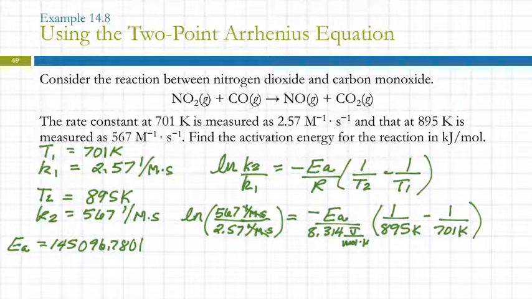Now let's go through this and write down some intermediate values, because this is probably a more common approach for students. So you probably want to do this math here, 567 divided by 2.57. So you're going to get the natural log of 220.62. Now the thing is, when you're writing down intermediate values here, more digits is better.